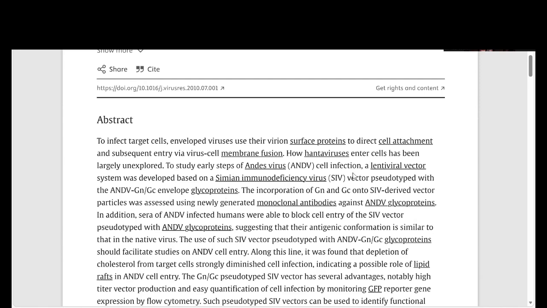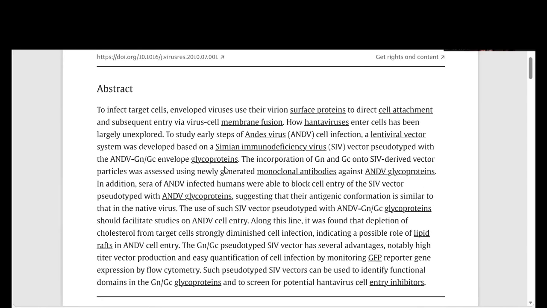But the point I'm making here is that you can put GNGC on an SIV or an HIV. That's the main point I'm making here. All right. But in this paper, they didn't do that.